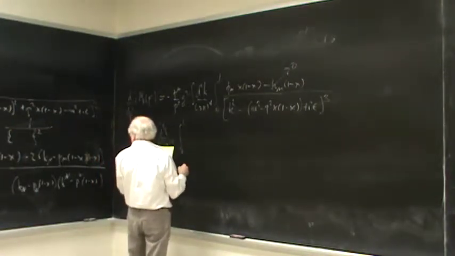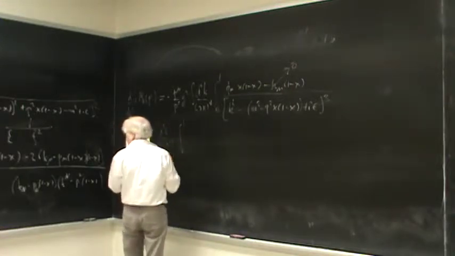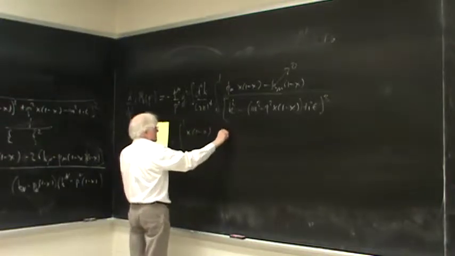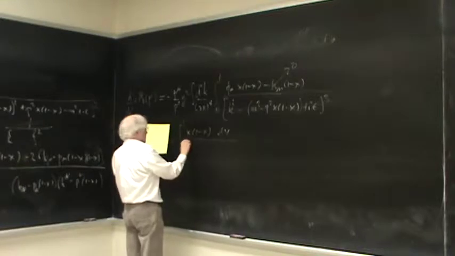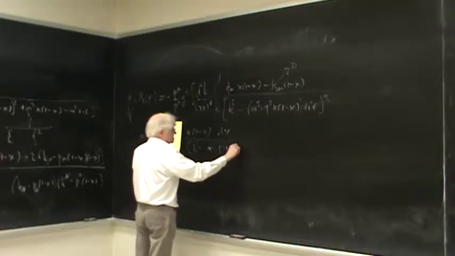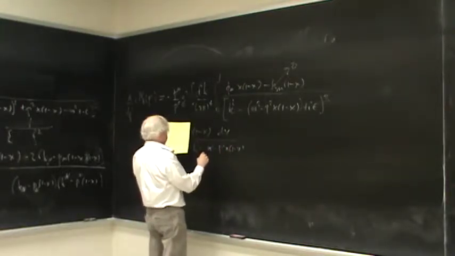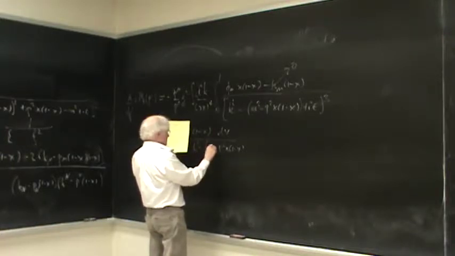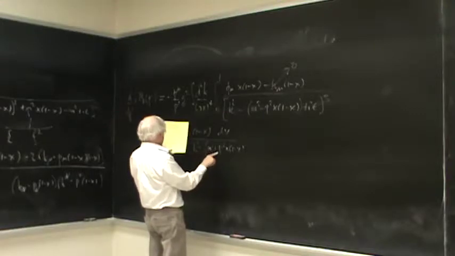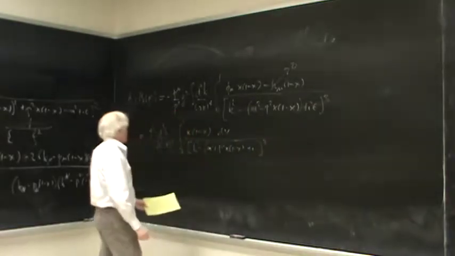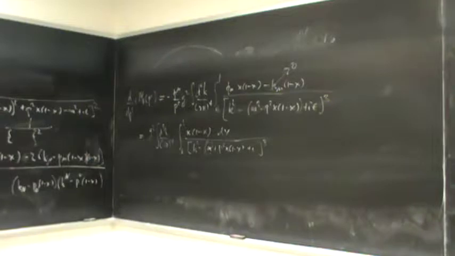Again, if I haven't made a mistake somewhere, at least when I did the calculation this afternoon, what I have left is this divided by, again, k squared minus m squared minus p squared x 1 minus x. Although, why don't we just make this a little bit simpler? Minus m squared plus I epsilon cubed. So that's our integral. Now that's perfectly finite.